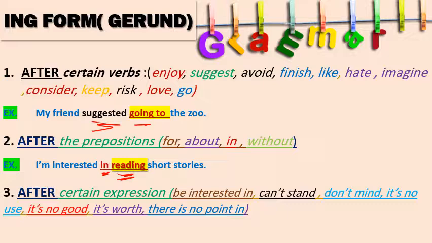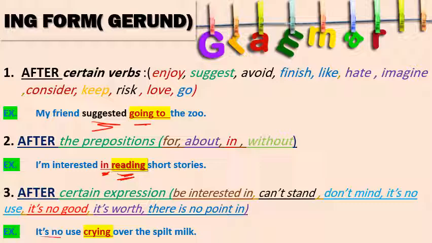And we put the verb plus ing after certain expressions like be interested in, can't stand, don't mind, it's no use, it's no good, it's worth, and there is no point in. For example, the expression it's no use is followed by crying, gerund.